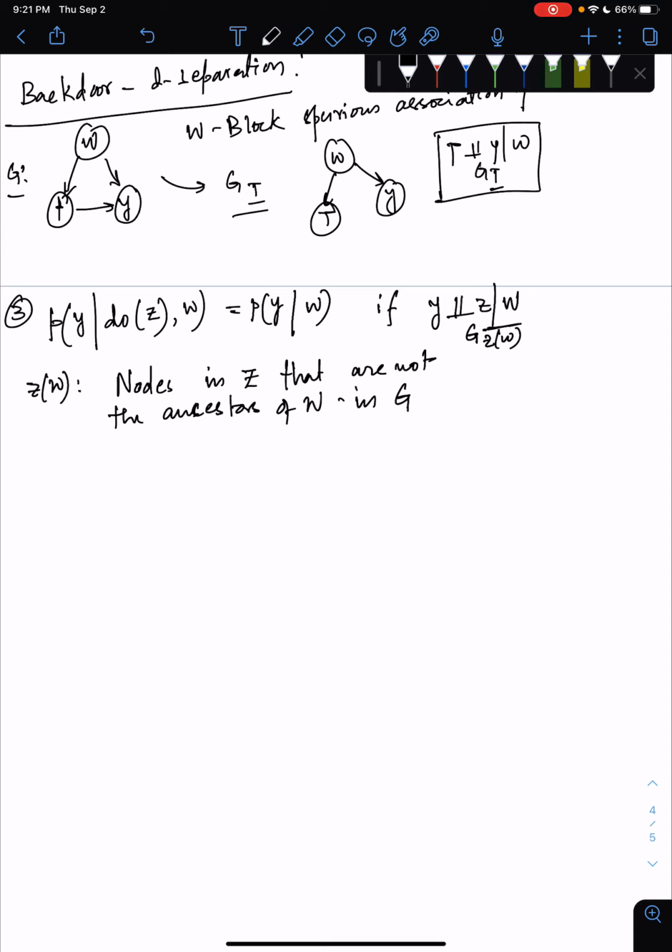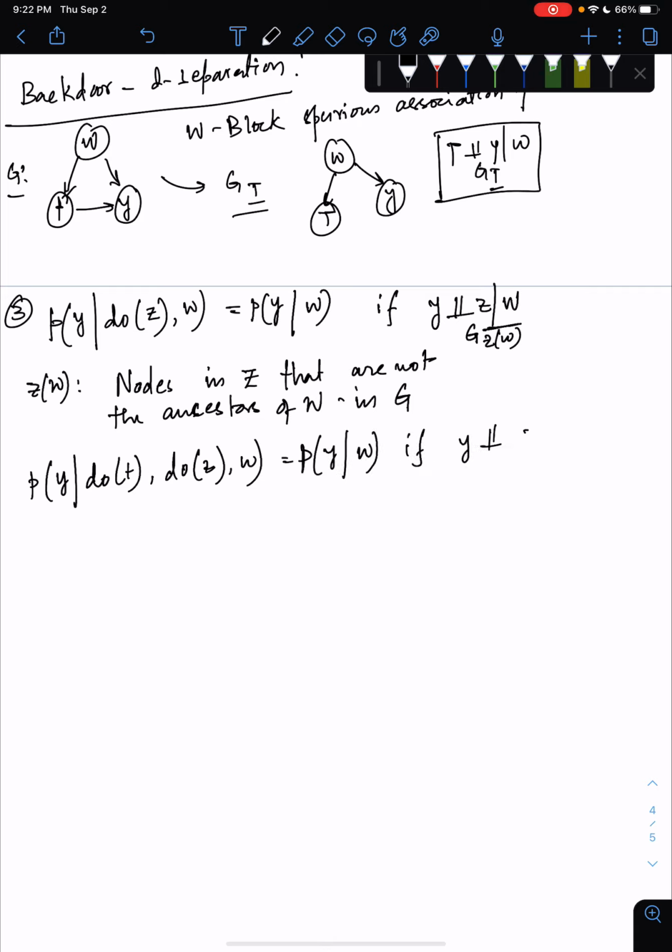Now if you remember, our original rule says something like this: do(t) when T is not null, we have this G T bar and Z(W).